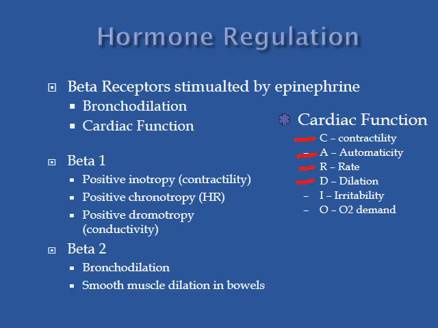So that's your beta properties: contractility, automaticity, rate, bronchial dilation. You get irritable when you work harder and you require more oxygen demand. Remember the inotropic, dromotropic, and chronotropic properties. Big ones right there.